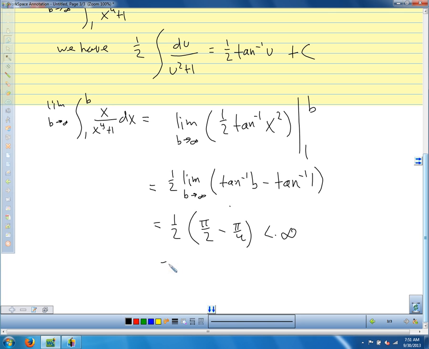Now the integral evaluates to pi over 8. That does not mean that the series converges to pi over 8. It doesn't mean the sum of the series is pi over 8. It just tells us that the series does converge.